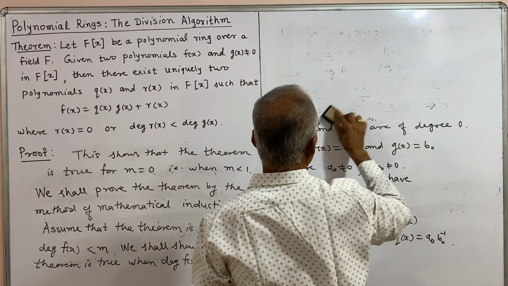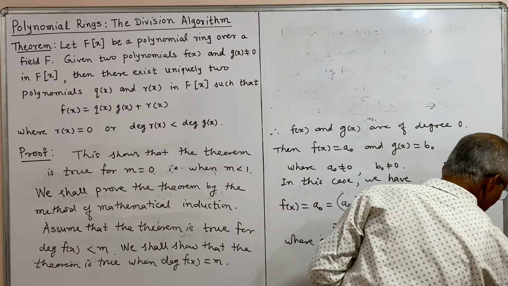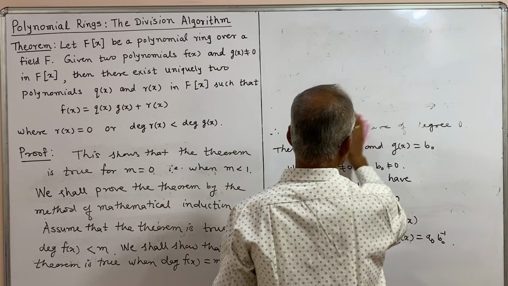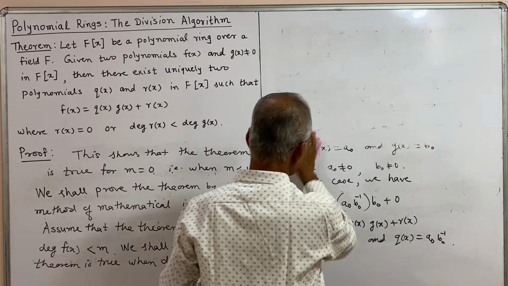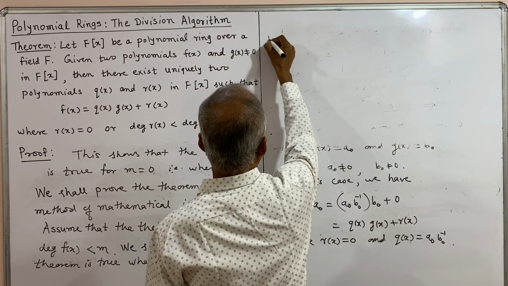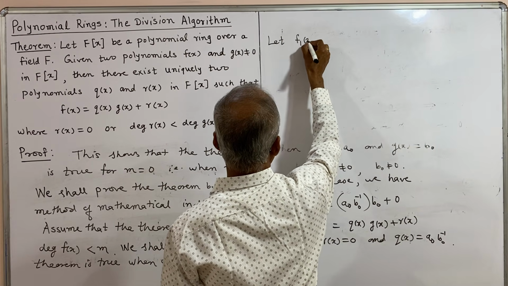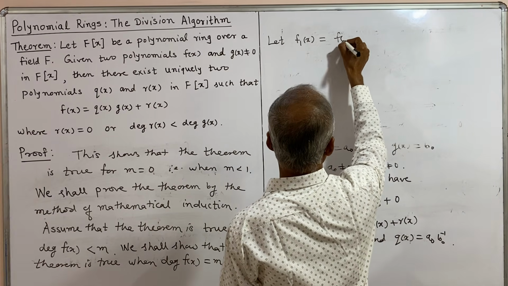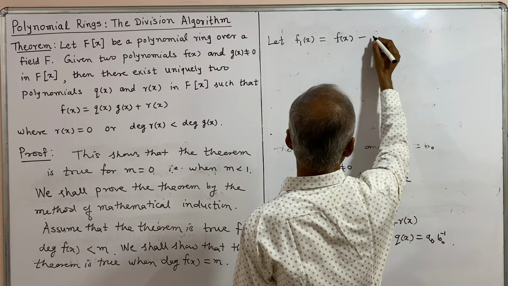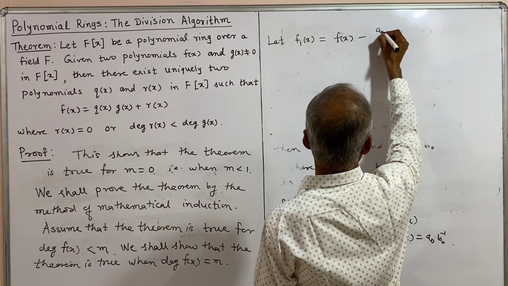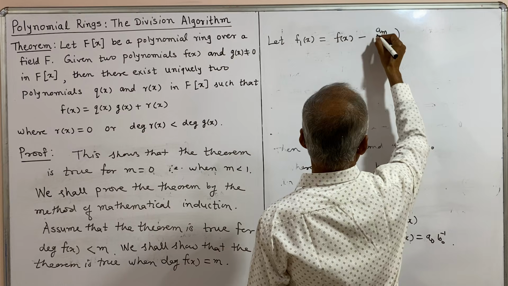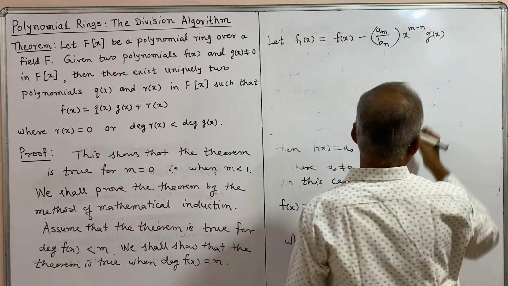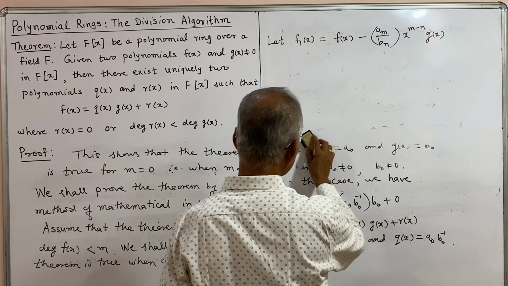Let f1(x) be equal to, how this polynomial is formed, f(x) minus a_m upon b_n multiplied by x power m minus n into g(x). Now we can verify this expression.